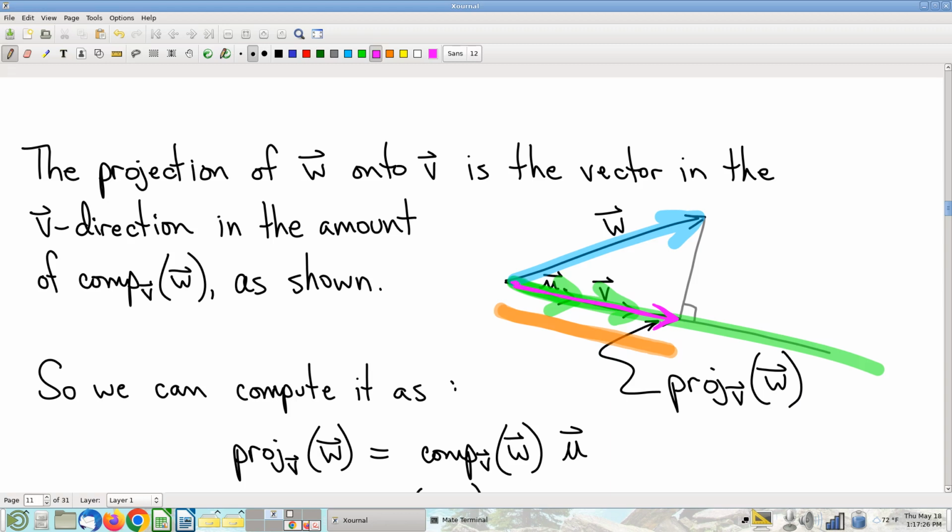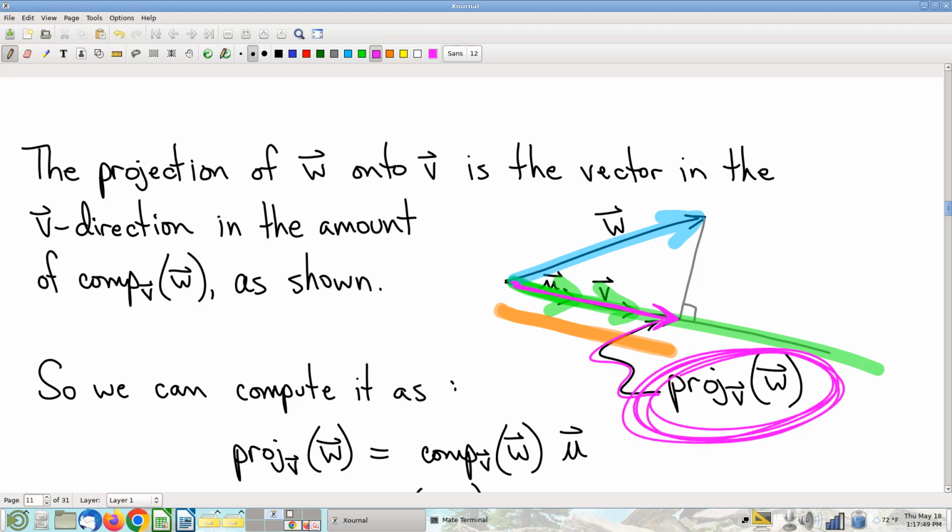Anyway, I'm going to sloppily say distance. It doesn't have to be positive, so it's not technically a distance, but you know what I mean. It's technically more like a coordinate or a scalar. But orange is a scalar, purple is a vector. Does everybody see the difference? Okay. So what we have in purple there, that is what we call the projection.